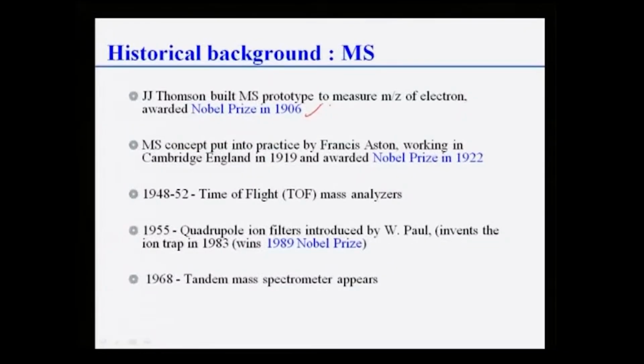It was followed by a major discovery again by W. Paul, which led to quadrupole ion filters. And these quadrupole ion filters allowed us to measure different m by z values.